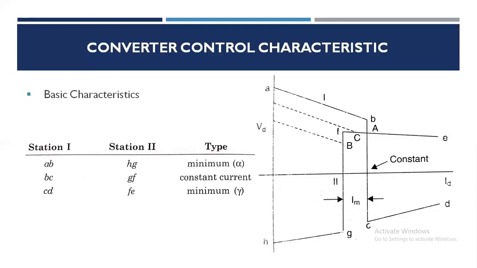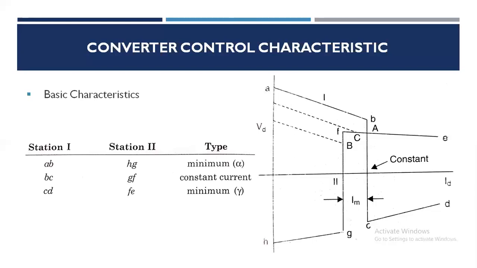The characteristic AB generally has a more negative slope than characteristic FE for similar values of RCR and RCI.